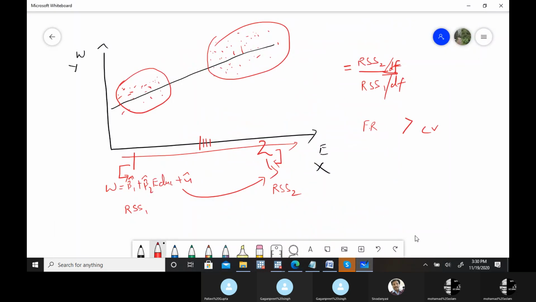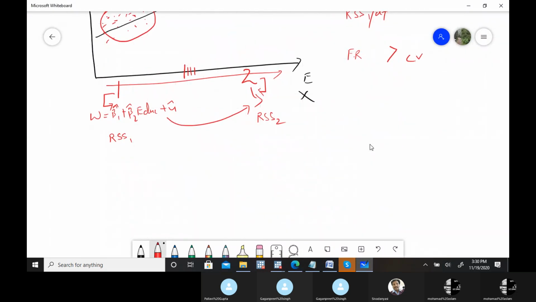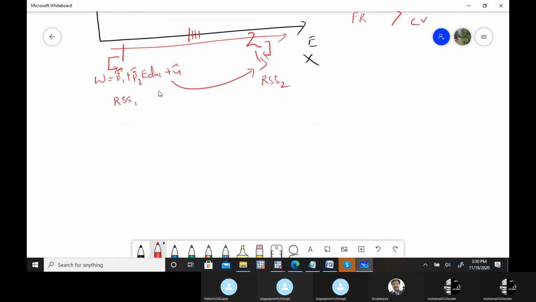But if you have a negative relation, like let's suppose you have a negative relation. And this is your regression line. So now here you have to think: is this residual sum of square higher or is this one?